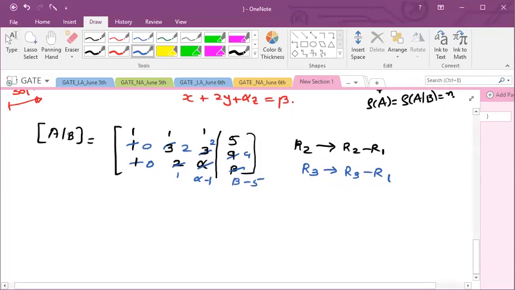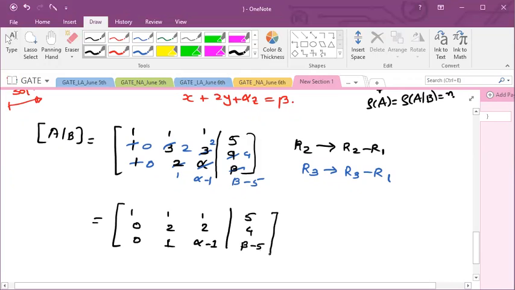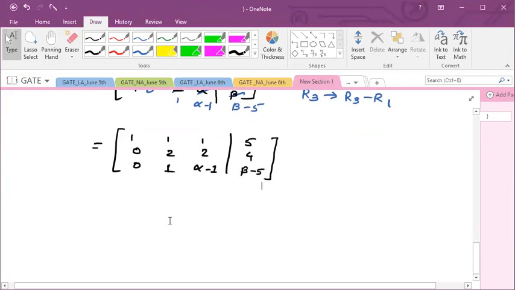So the matrix is 1 1 1, 0 2 2, 0 1 alpha minus 1, with right-hand side 5, 4, beta minus 5. For row echelon form we require a staircase.